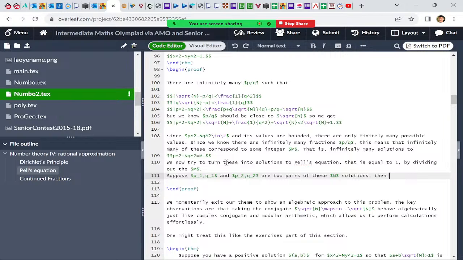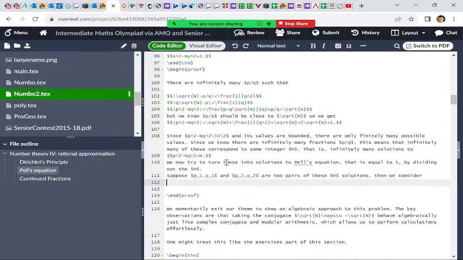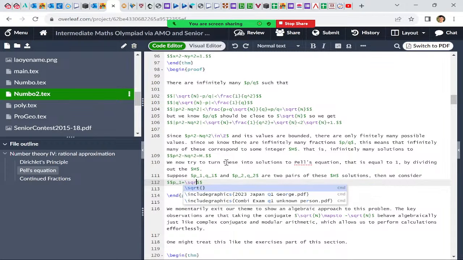Then we consider, so this is kind of tricky. So you have like P1 plus the square root of n.